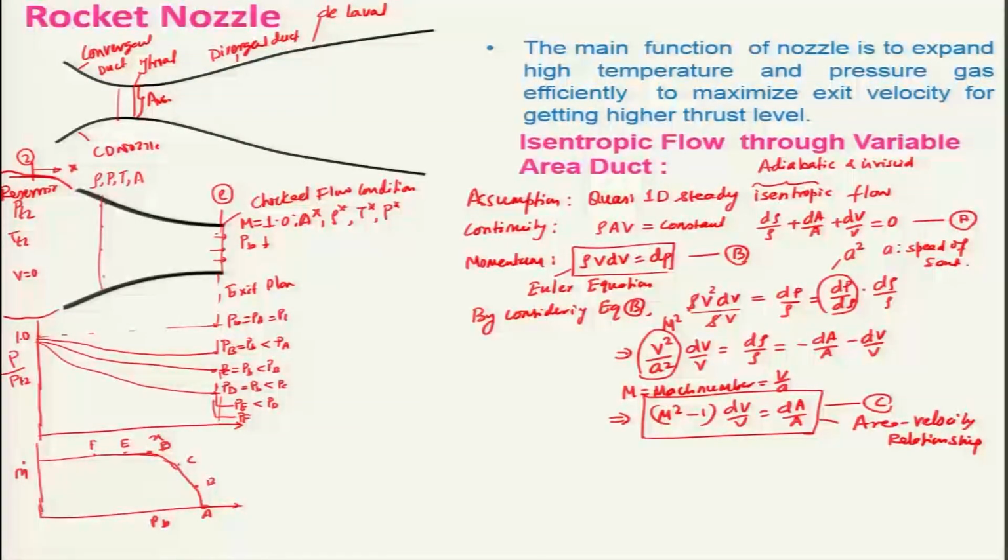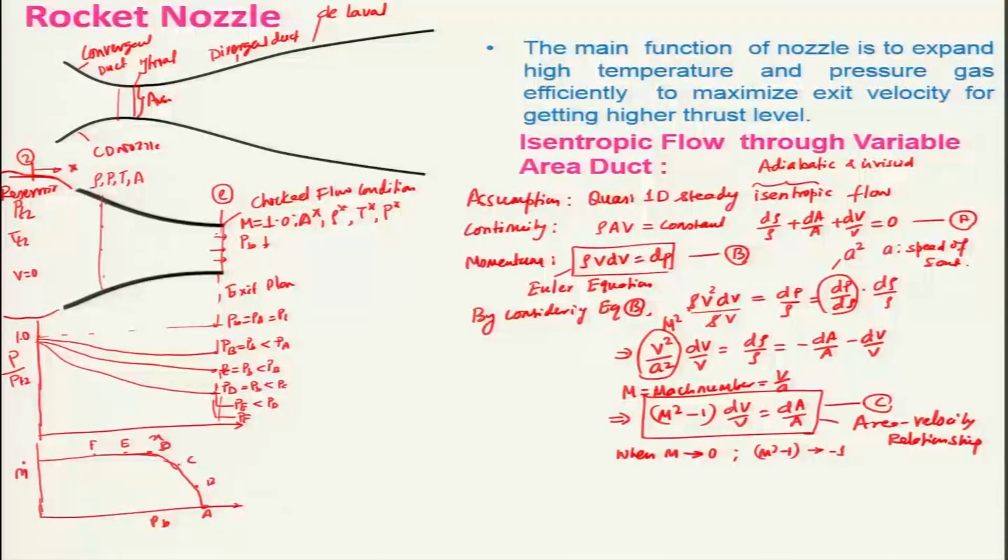For example, if I consider the flow to be very small, let us say when M is tending towards 0, then M square minus 1 is basically tending towards minus 1, because M square is almost 0.